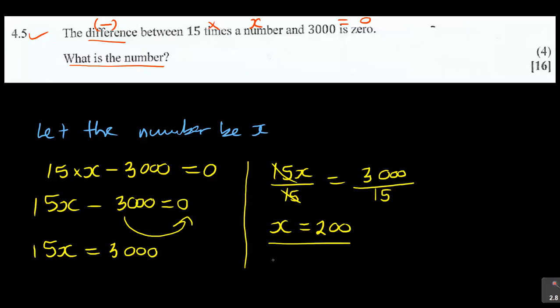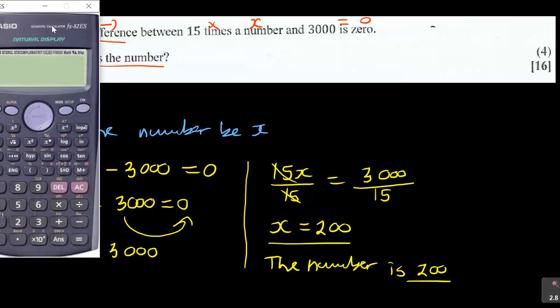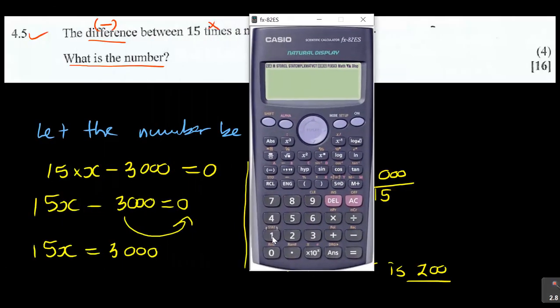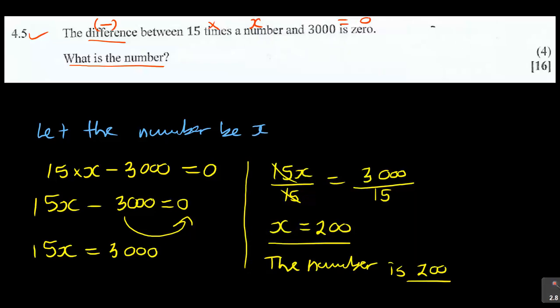What is the number? Therefore say the number is 200. Okay, so you can test it. 15 times 200 minus 3000, it gives us a 0, which is what they were saying.